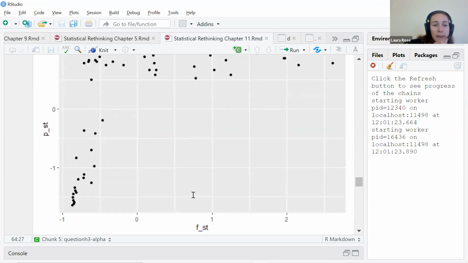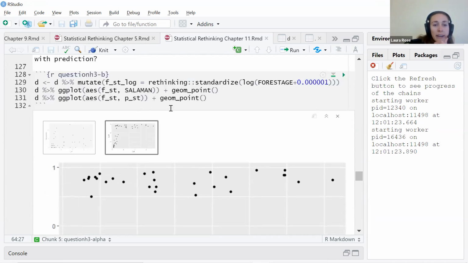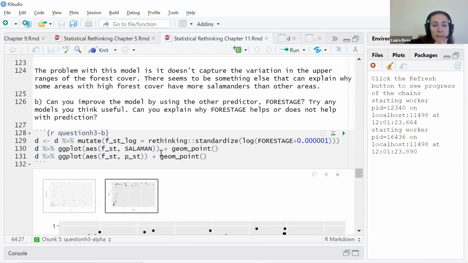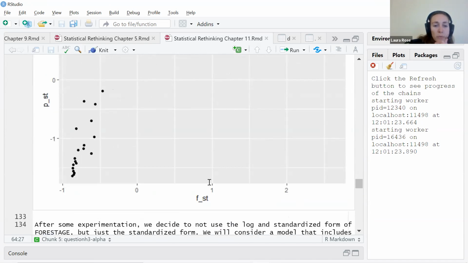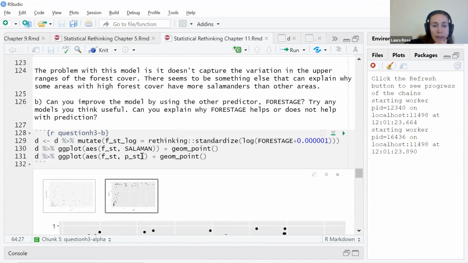And then I also wanted to see, I looked at the log for the forest standard and wasn't happy with what it was showing. I guess I could plot that. You want to see that?